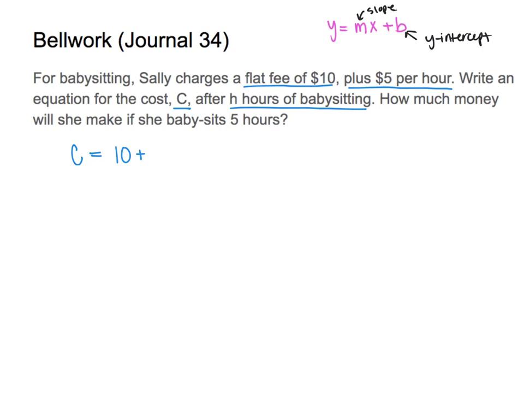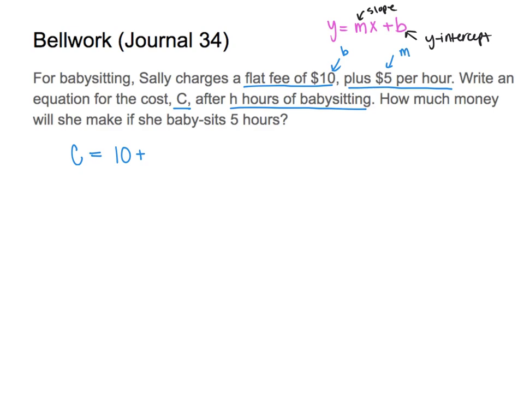So now I'm thinking about, okay, this $10 is kind of like the y-intercept, right? Like your b. And then it says that she charges $5 an hour, which kind of reminds me of the slope. So every hour that passes, she has to multiply by 5. So in this case, this is kind of like your slope or your m.